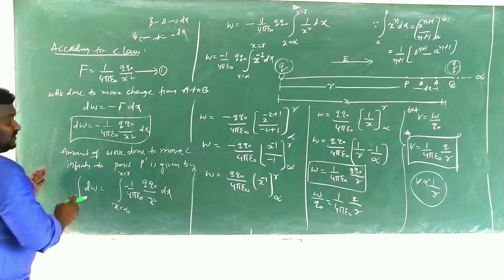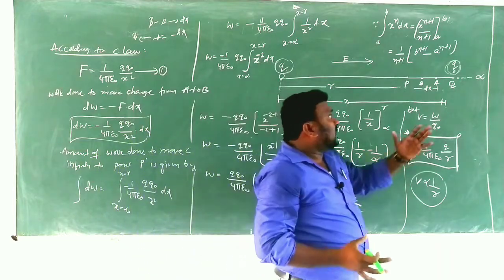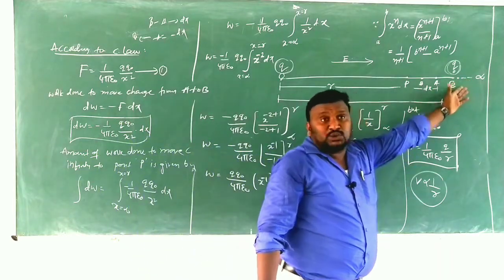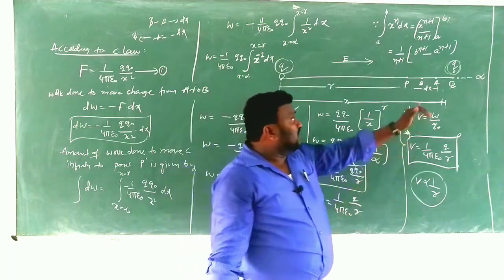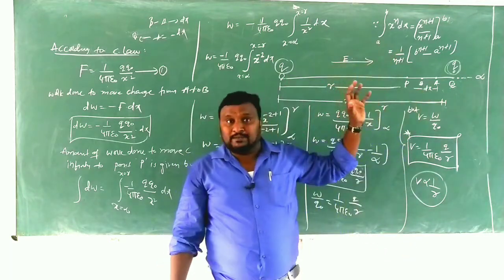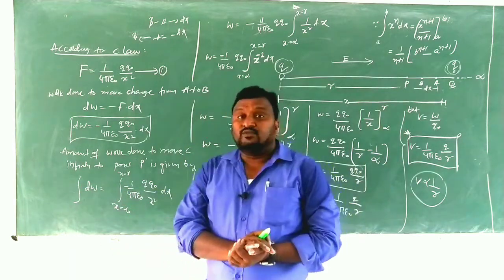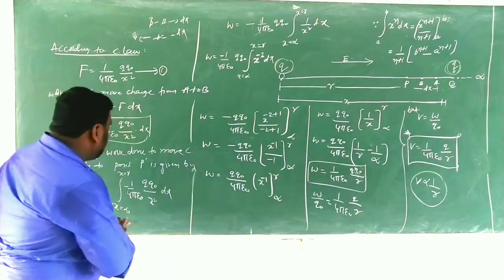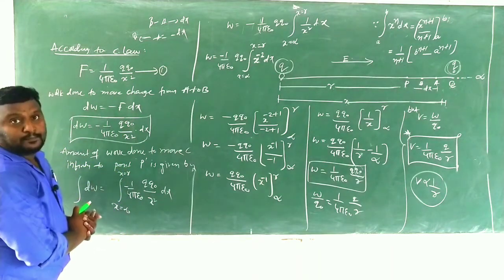To get the total amount of work done to move the charge from infinity to a point in the field, that point is P, we are integrating on both sides within the limits x equal to infinity to x equal to r.